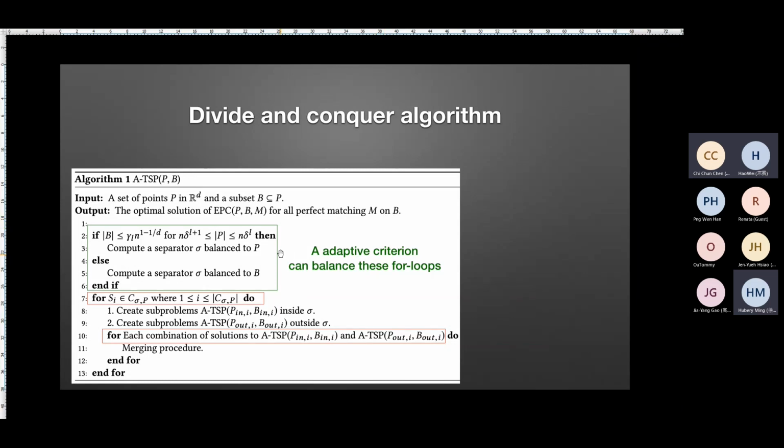And we have discussed we need two separators to balance the time complexity. Our contribution is to give the criteria to compute these two separators.